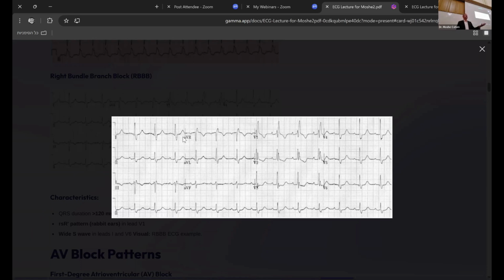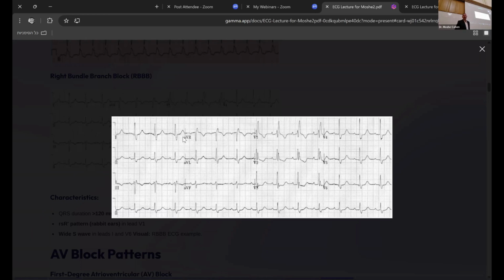Good. What do we do next? Rate, rhythm, axis. Good. What about the axis? Lead one is positive. AVF is isoelectric. What does it mean, isoelectric? It means that you have an R wave and an S wave with the same magnitude.